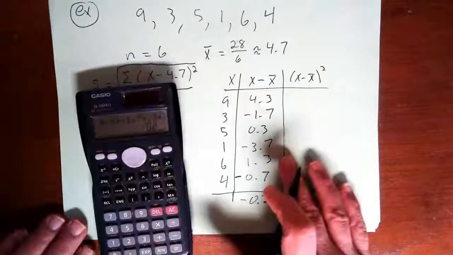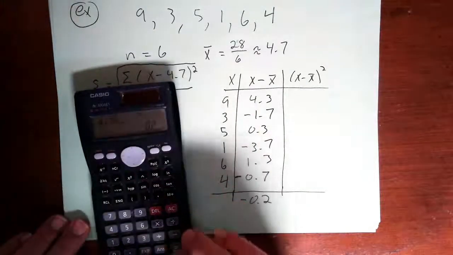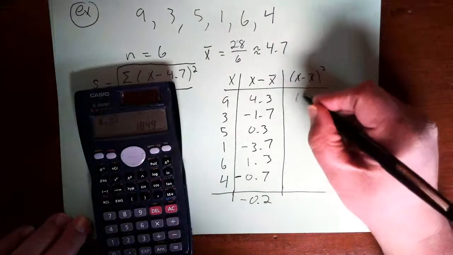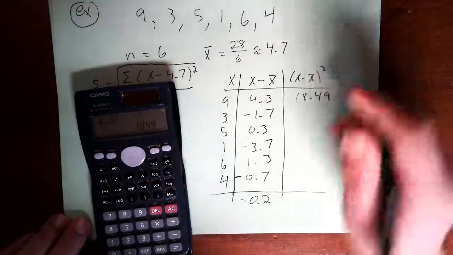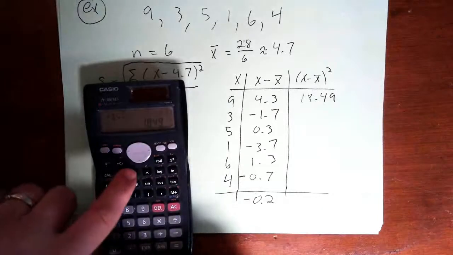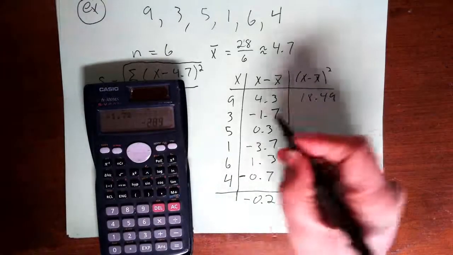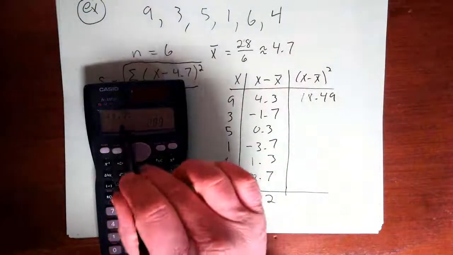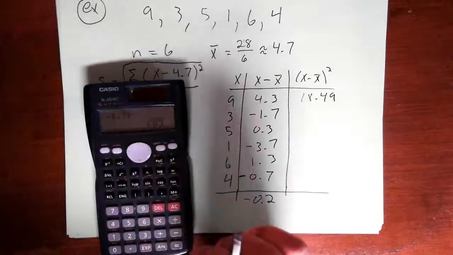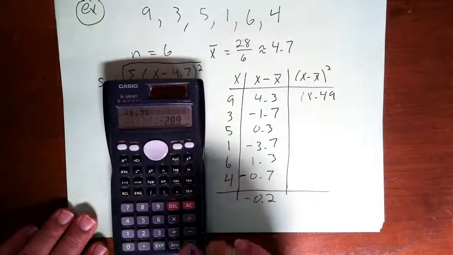So now I have to square each one of these. So 4.3 squared is 18.49. Now you want to be careful. If I take negative 1.7 and square it on a calculator without parentheses, I actually get negative 2.89. The reason is that it does the exponent first and then takes the opposite, because that's the order of operations: exponents before subtraction.